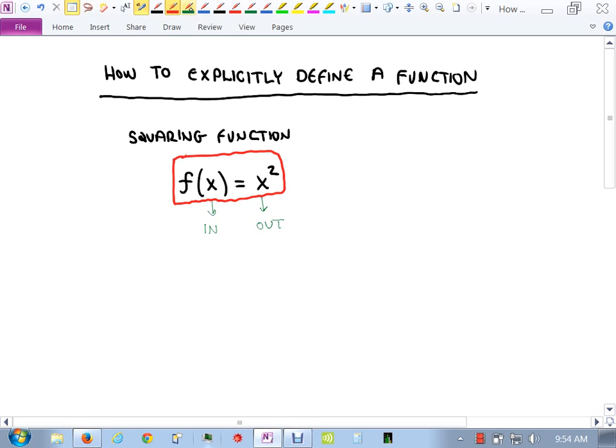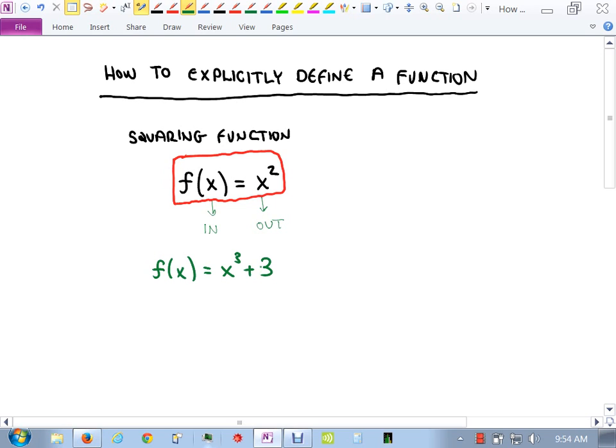Okay, let me see if you can help me out with the next one. I want a function that what it's going to do is it's going to cube what you plug in and then add 3. So I would do f of x equals x cubed plus 3, right?